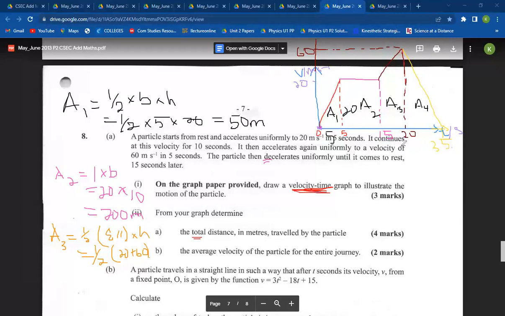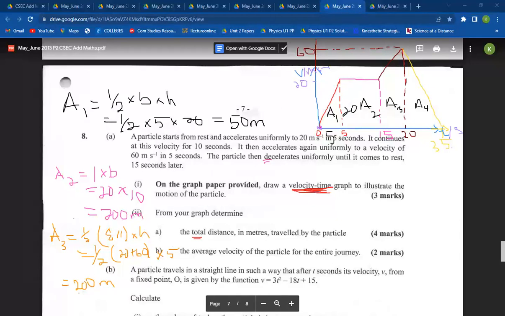And then the perpendicular height would be this, and that's 5. 20 plus 60, that's 80. 80 times 5, that's 400, and then 400 by a half is 200 meters. So between 15 seconds and 20 seconds, I cover the distance of 200 meters.